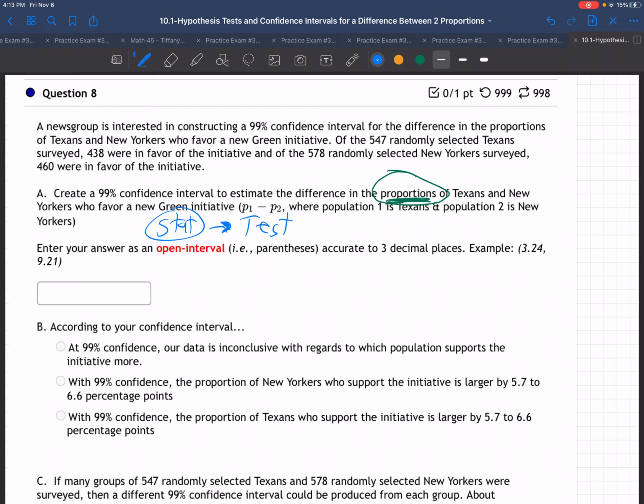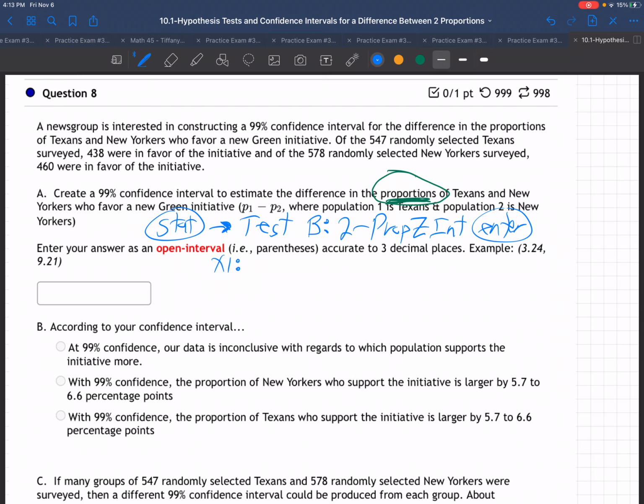Did you see that in the notes there? I think on your calculator it's B. B, which says 2 prop z interval, and hit enter. So that's what we want.